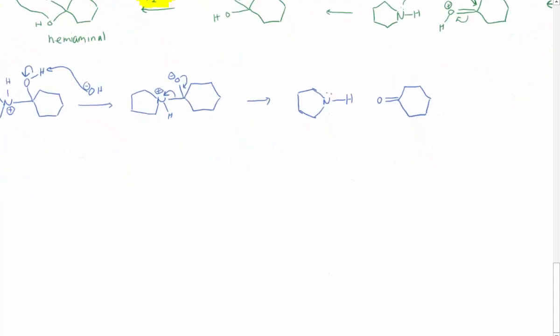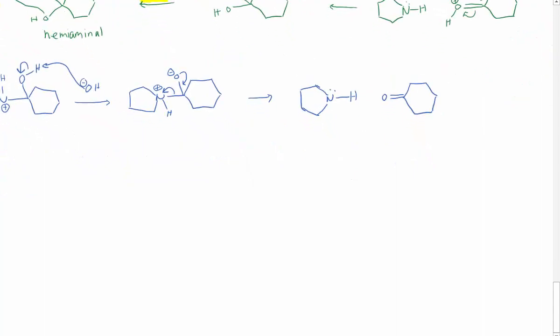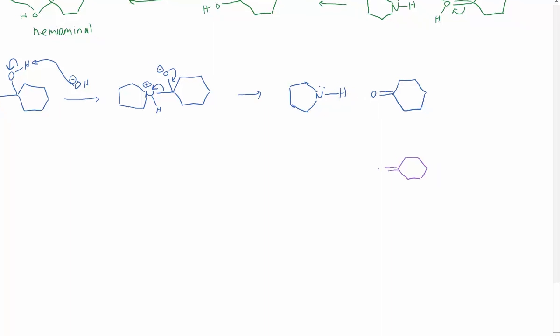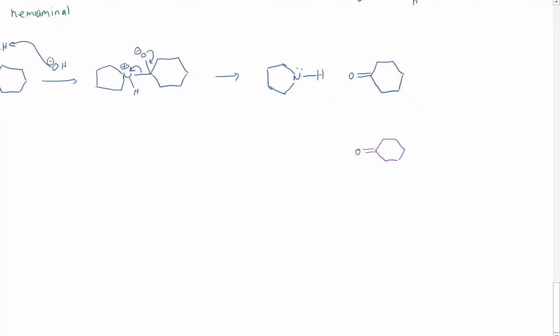In the reverse direction, let's zoom back in here. In the reverse direction, if I start with the ketone and the amine, the amine is a good enough nucleophile to go ahead and just attack the carbonyl directly.